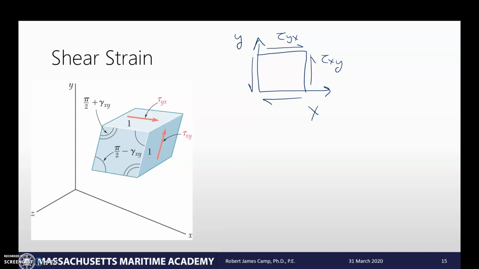Well, these stresses are going to cause a strain, but we're going to be causing what we call a shearing strain, which is an angular deflection. So we're going to be getting a shear angle. We will not be getting just a normal distance. And so basically what it's trying to do is turn my little rectangle into something like that.